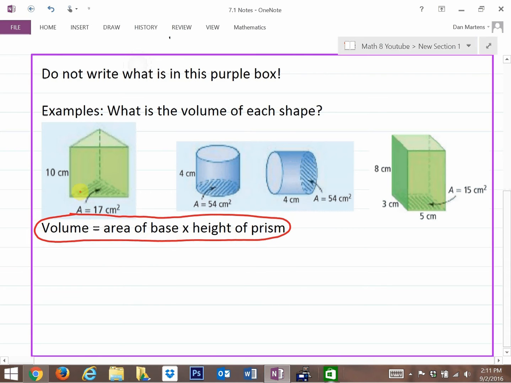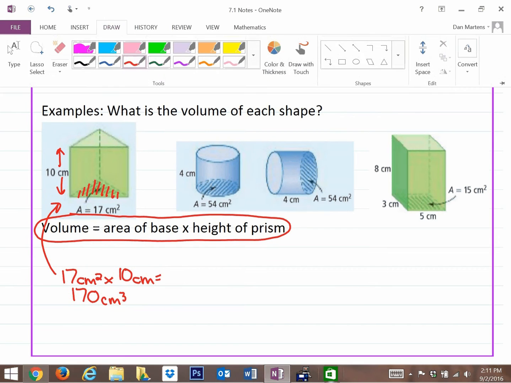So the area of this base, the triangle, is 17. So the volume of this here is 17 centimeters squared times the height, and the height here is 10 centimeters. So that would have a volume of 170 centimeters cubed.